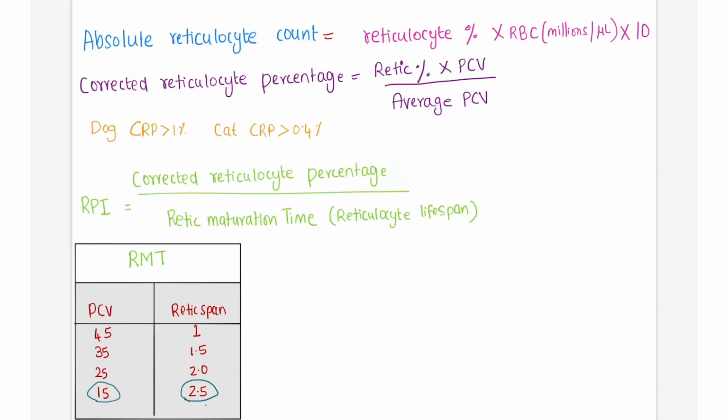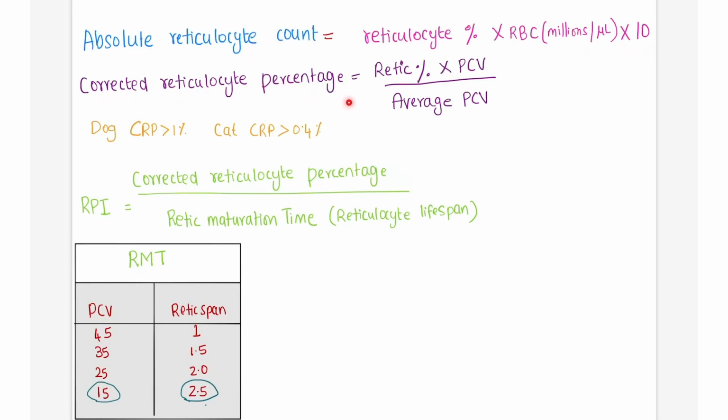Before we learn about the RPI index, we need to learn about two important formulas. The first one is absolute reticulocyte count and the second is corrected reticulocyte percentage. The absolute reticulocyte count is obtained by multiplying reticulocyte percentage and total number of RBCs and 10.